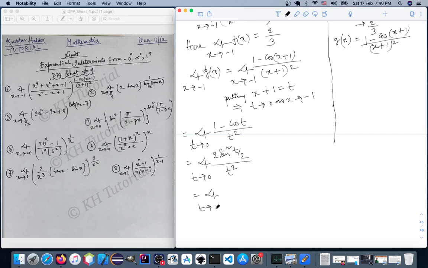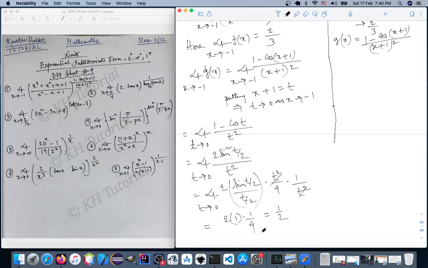So we write this, we adjust t square by 4 and we already have t square, so t square cancels out. This becomes half.